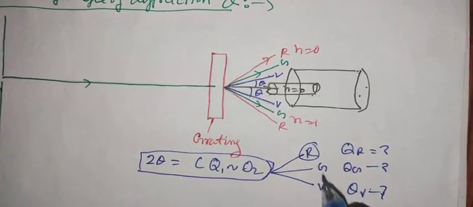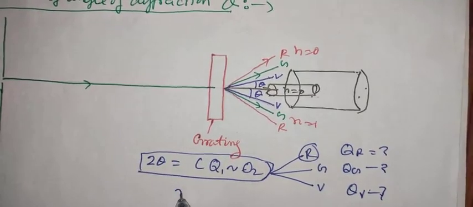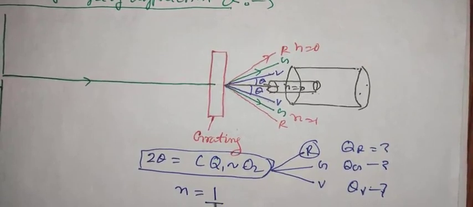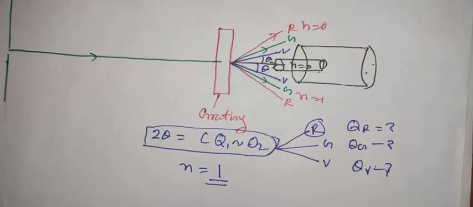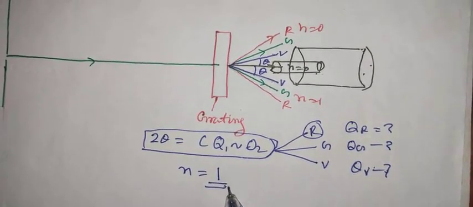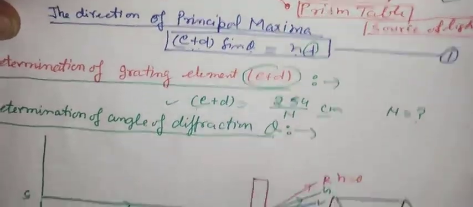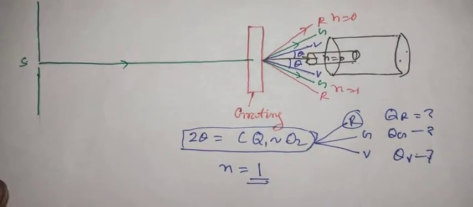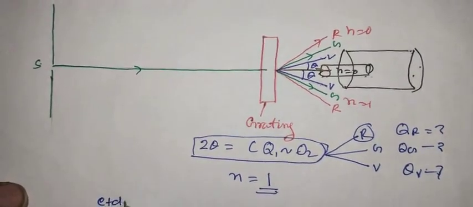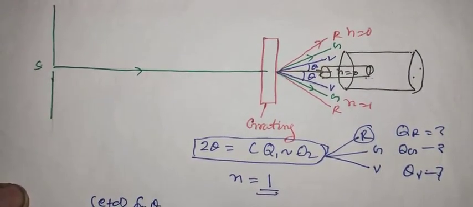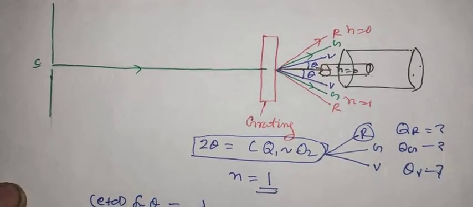This is for the first order, so the order n is 1, the first order diffraction pattern. For first order, equation 1 can be written as (e + d) sin theta is equal to lambda.